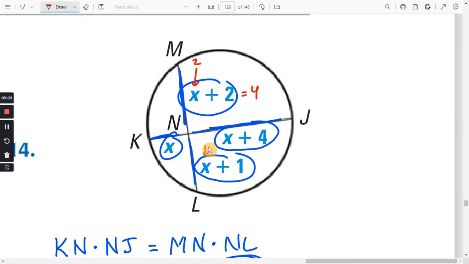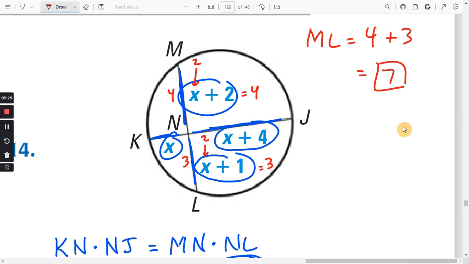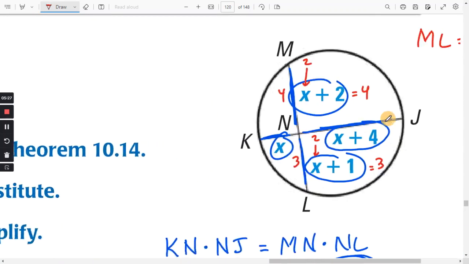And if we put a 2 in there, that's going to be 2 plus 1 or 3. So this is 4, this is 3. ML is the whole thing, so ML is just 4 plus 3, or 7.